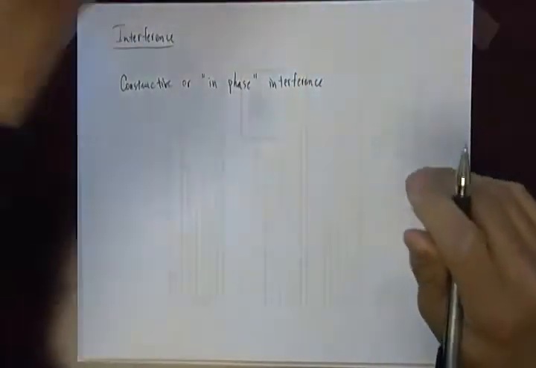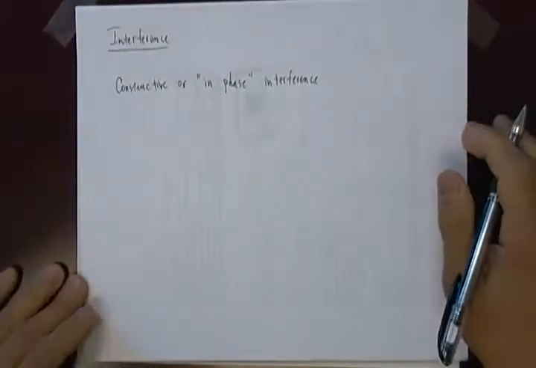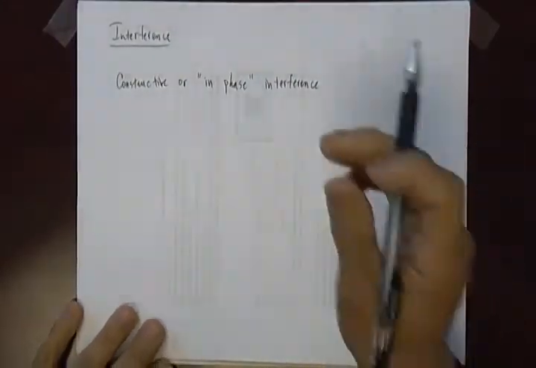Constructive or in-phase interference is when things go up and down together. You have two waves going up and down together, and you just add them together, and you get double the amplitude. It's really quite simple.